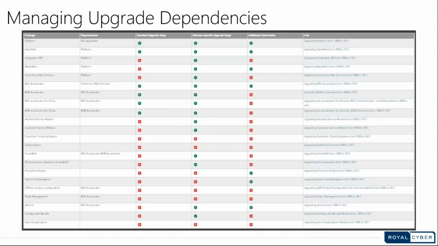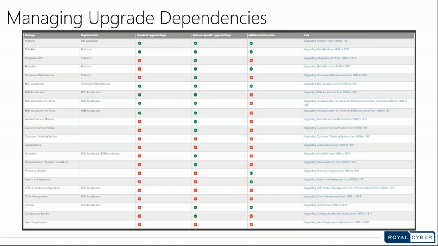These are sample upgrade dependencies which were provided as part of the release document. We can use this and compare the extensions while we are upgrading the custom extensions. Whether it requires a standard upgrade process or a release specific upgrade process, we will capture it using these documents.